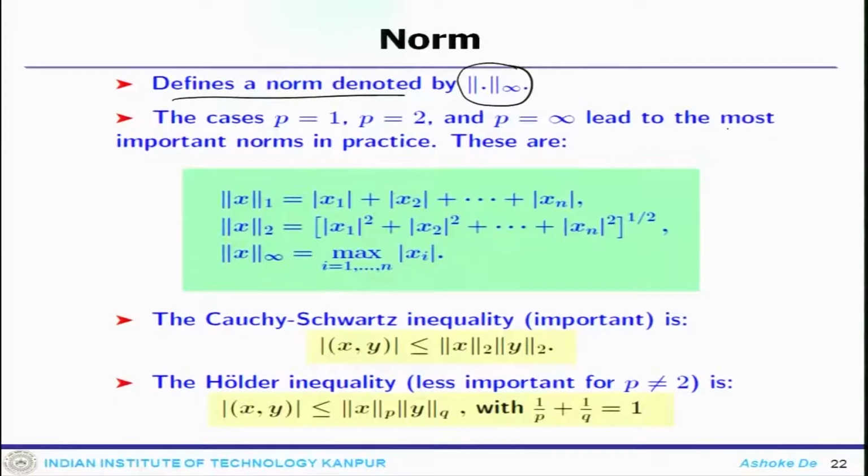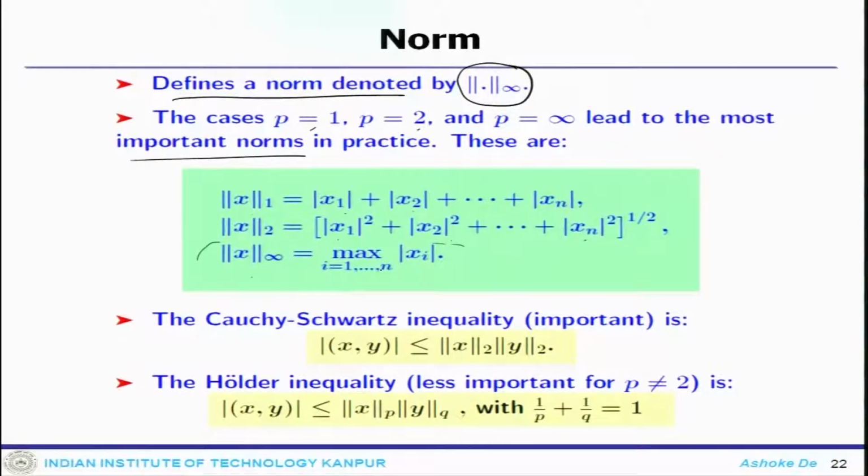As I said, p could be 1, p could be 2, p could be infinity, which lead to the most important norms in practice. p equals 1 means you get the sum of x1, x2, x3 like that. When p equals 2, you get the L2 norm, which is the square root of x1 squared plus x2 squared plus x3 squared and so on. For infinity, you get the maximum of those.